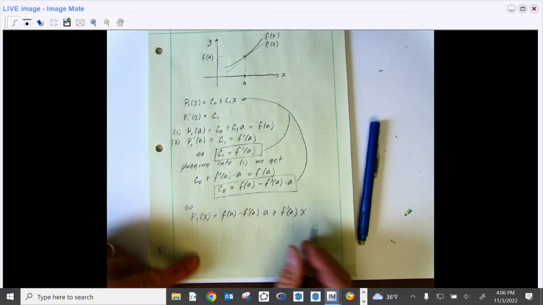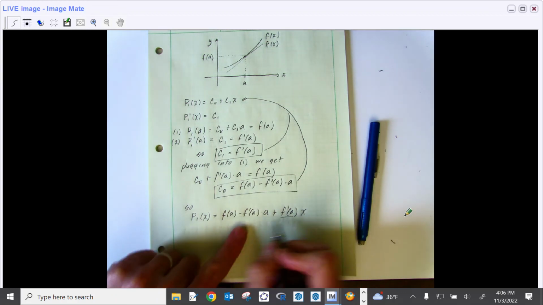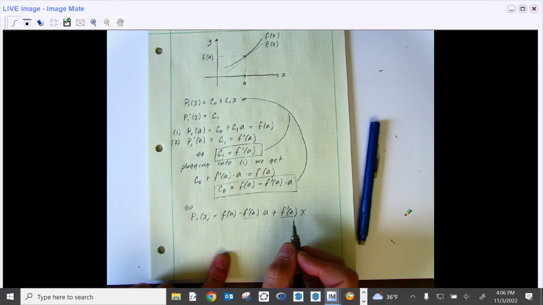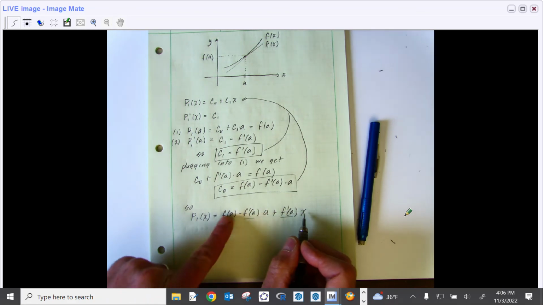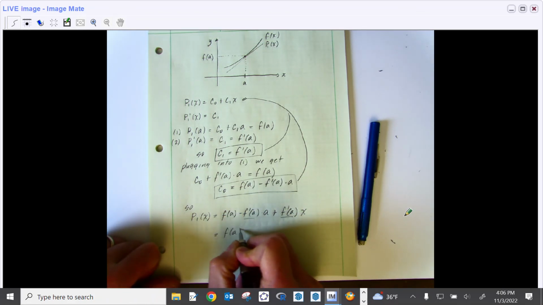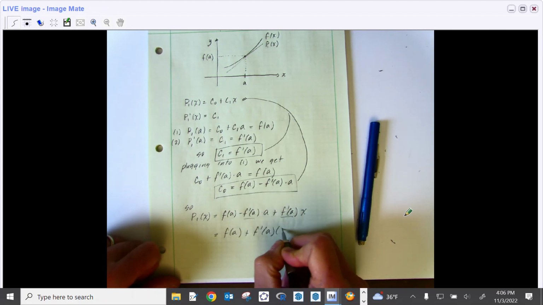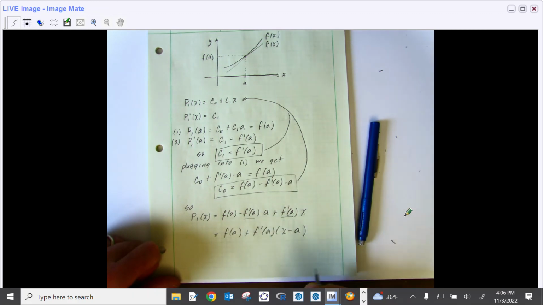So there's our equation for P1, but I notice that two of these terms have an f prime of a in them, and if I factor that out and rearrange, what I get here is f of a plus f prime of a times x minus a. And that looks remarkably similar to the first degree polynomial that we got when we were centered at 0.